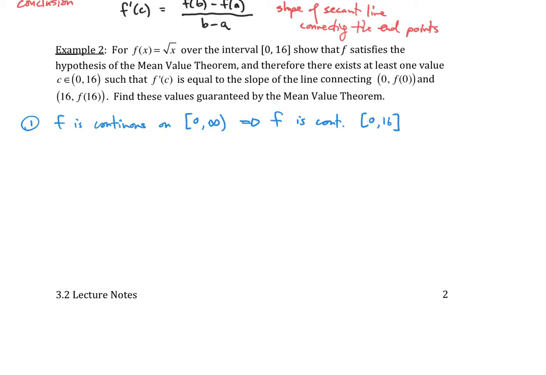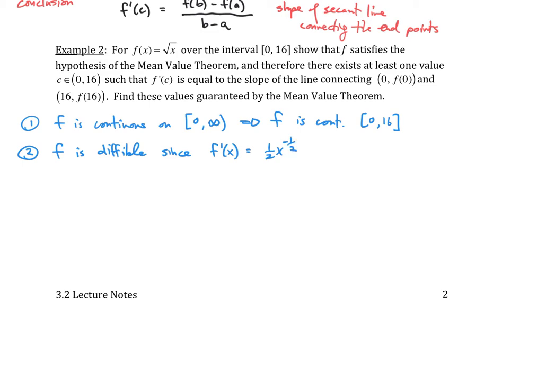Next, I want to show it's differentiable. The easiest way to show something is differentiable is to calculate the derivative. So I'm going to have, since the derivative f prime of x is going to be equal to 1/2 x to the negative 1/2, right?